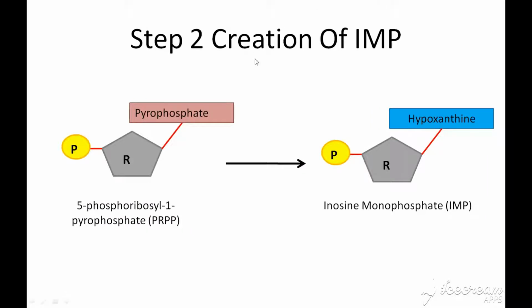The next step is the creation of IMP, or inosine monophosphate. This is fairly simple. We take PRPP and it's converted through a series of enzymatic reactions to inosine monophosphate. IMP is actually one of the purine nucleotides, and its nitrogenous base is hypoxanthine. The reason we don't hear about it as much as AMP or GMP is because it's not used in DNA synthesis.